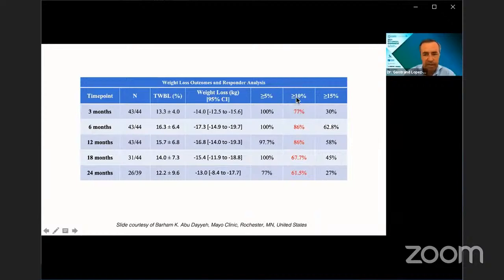More than 10%, which is a very good result for an endoscopic procedure, is more than 50% of the patients at 3, 6, 12, 18, and 24 months. 61% of the patients had greater than 10% total body weight loss at 2 years, 61%. And for example, more than 15% was achieved in 27% of the patients at 24 months.